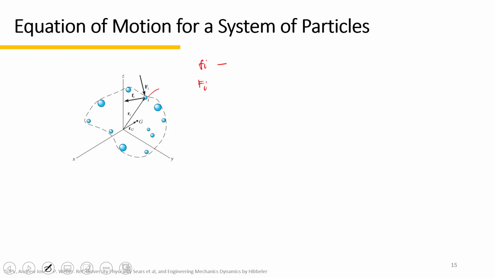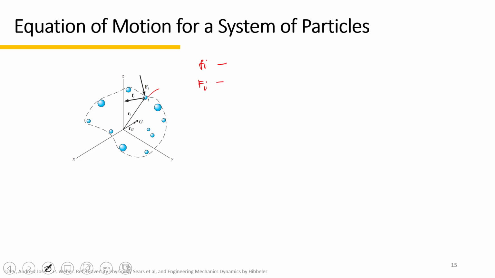While the F_i is the resultant force also, but these are the effects of forces that are outside of this region, and this includes electrical, magnetic, or contact forces. Altogether, they constitute the F_i, the resultant net force outside of this region.